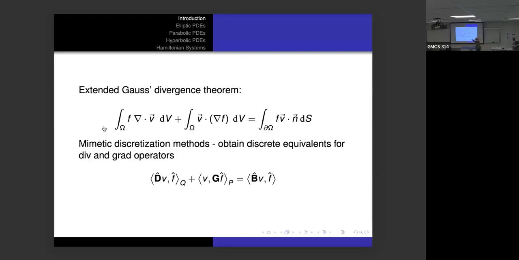Now, as you are also aware, you have general inner products. In this case, P and Q are numerical quadratures, actually real bona fide numerical quadratures. You can integrate with that. One thing that is important to mention is that all the coefficients are diagonal, and all the coefficients are positive.